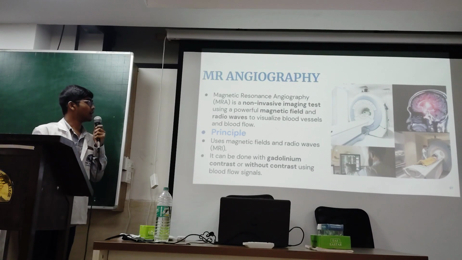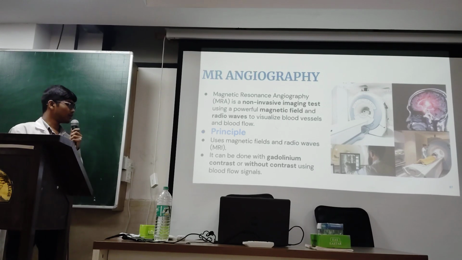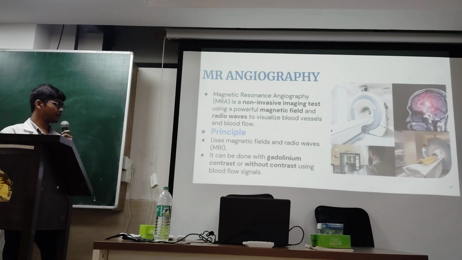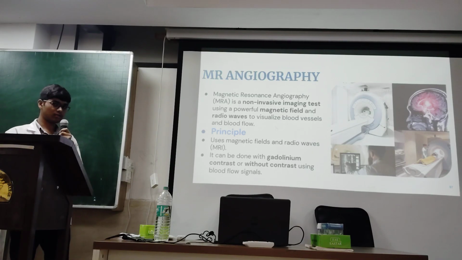Now we will see MR angiography. MR principle. It uses a magnetic field and radio waves to visualize blood vessels and their flow. It can be done with contrast or without contrast. If contrast is used, it is gadolinium, because it does not cause allergy.